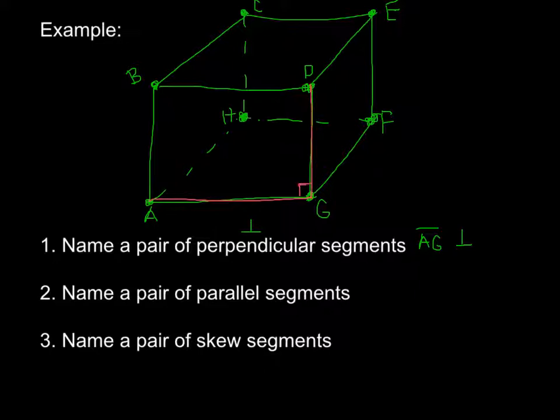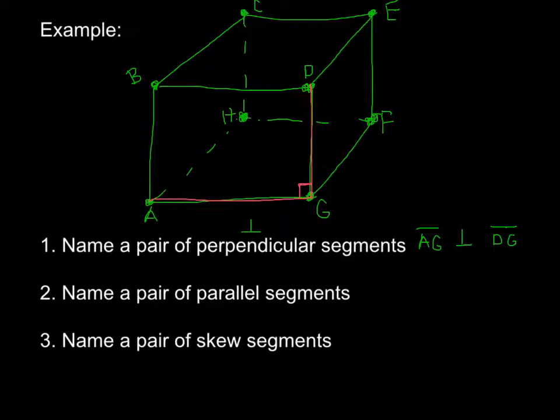If this is a cube, we know that that angle is a right angle. So there's a pair of perpendicular segments.